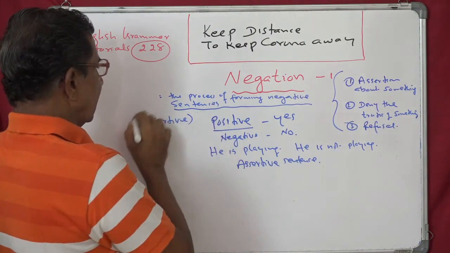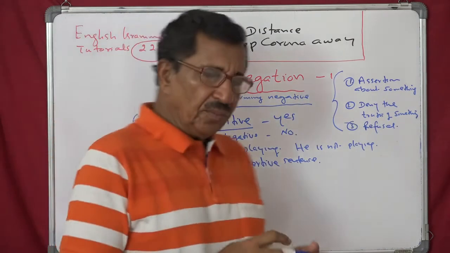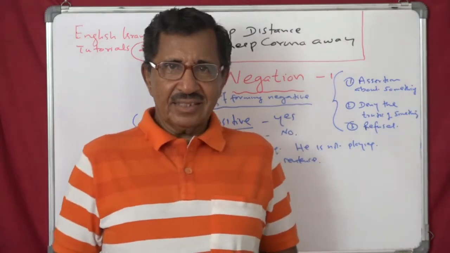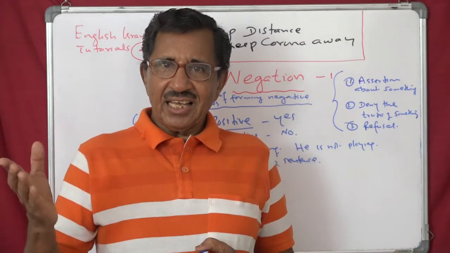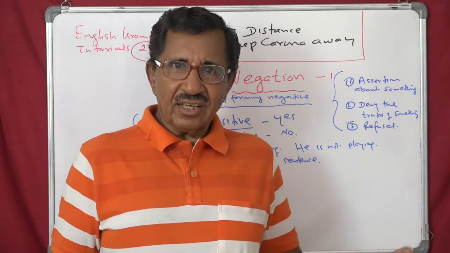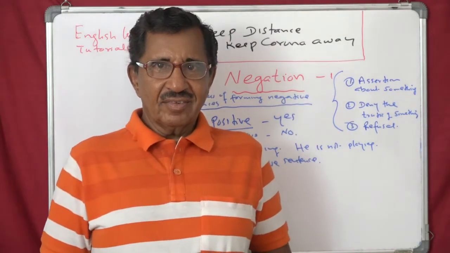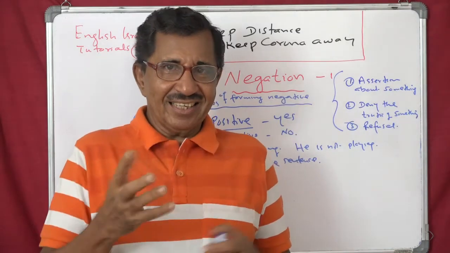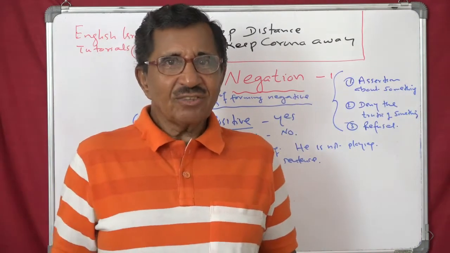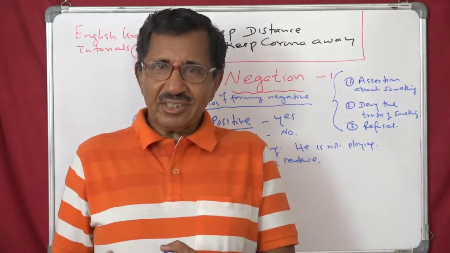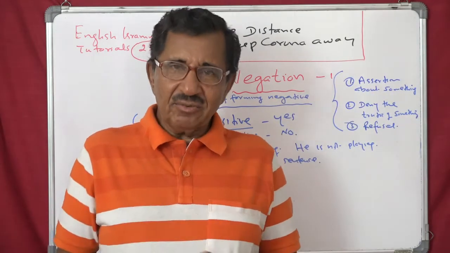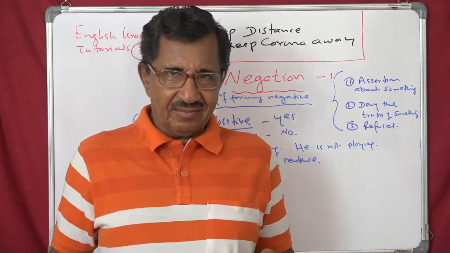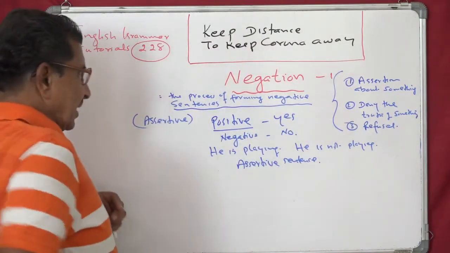An assertive or positive sentence will tell you that something is there. Yes, he is there. He is not there. No. The sky is there. Yes. The sky is not there. That cannot be, but there is a no situation. So a yes situation is positive or assertive, and a no situation is negative. I think that concept is clear.